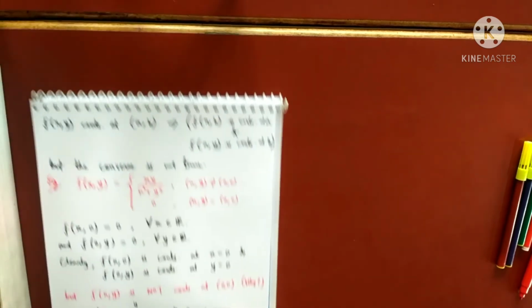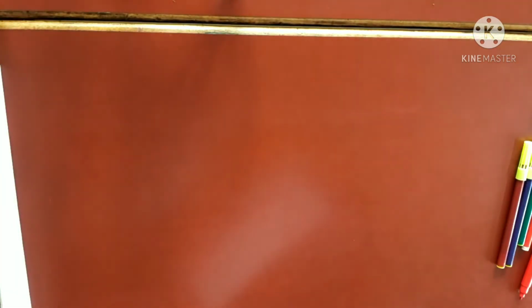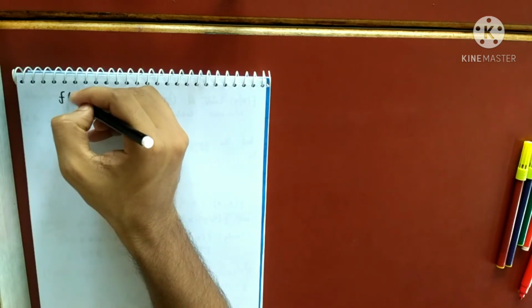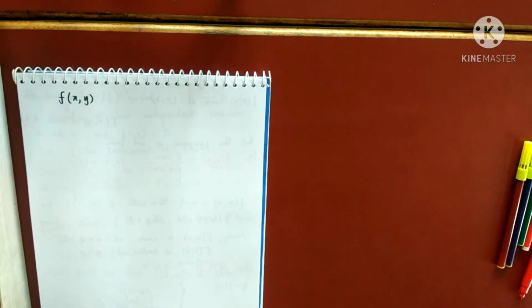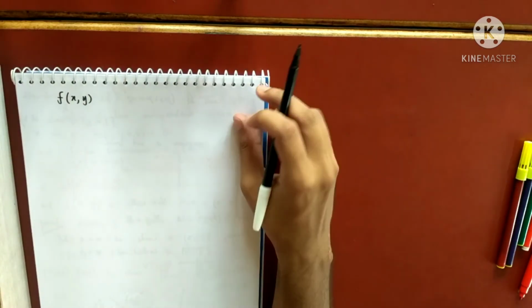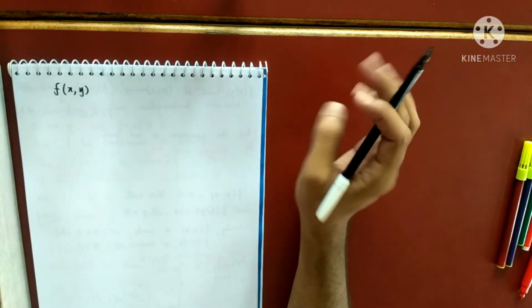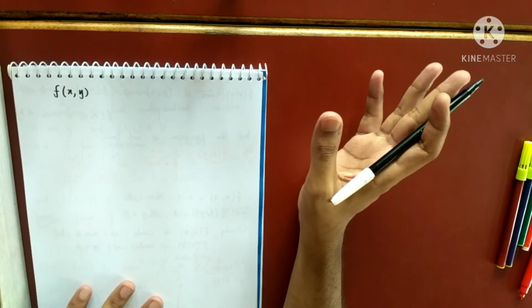Now how do you plot a function of two independent single variables? This time things are very complicated.